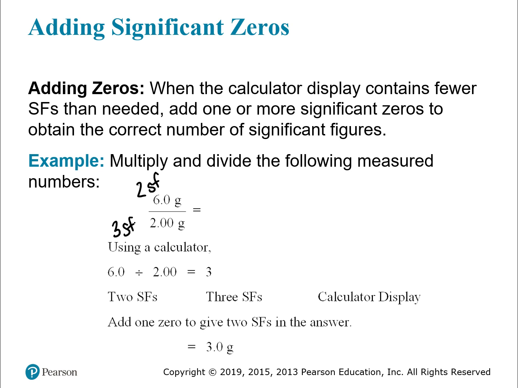But if you do, it's just going to tell you 3, okay? No decimal point, no zeros, no nothing. We have to put some kind of zeros because we're supposed to report our answer with 2 sig figs. And that only has 1 sig fig. So you have to add a 0.